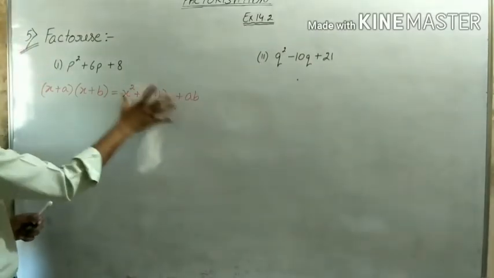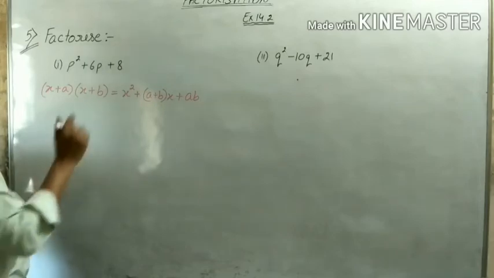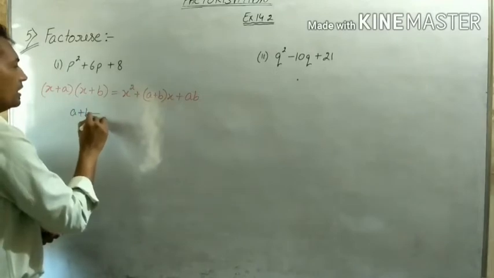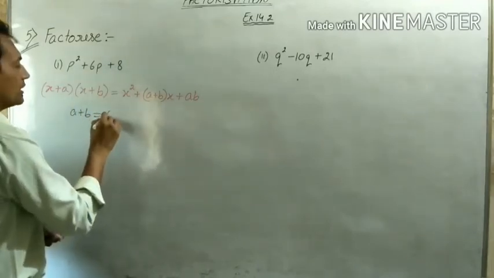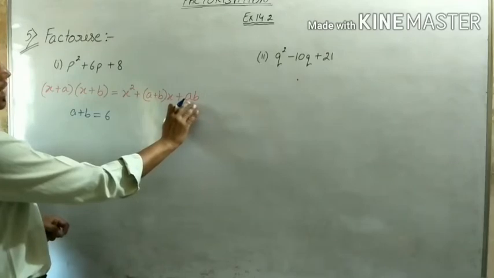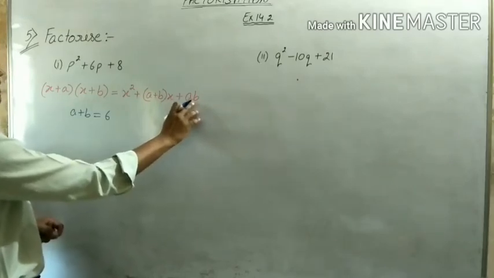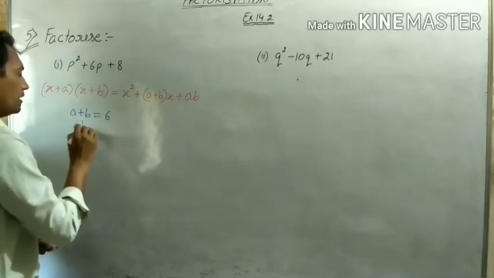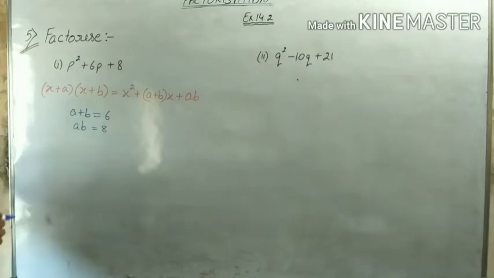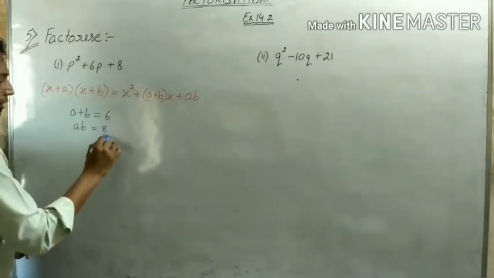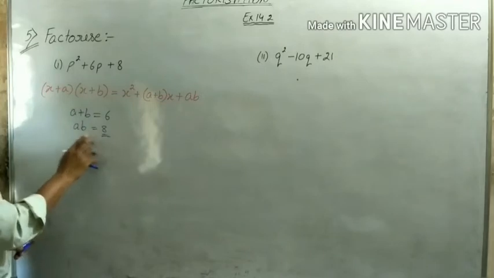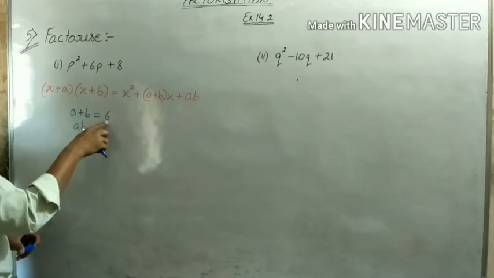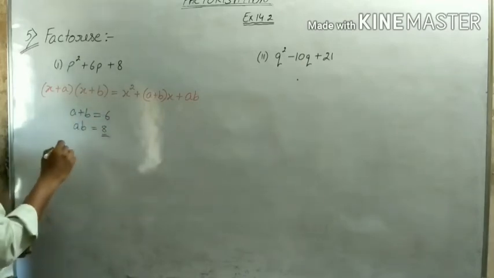And when you compare, you will easily find that a plus b is equal to 6, and a into b, the last term of the identity, is equal to 8. So we need to find such a factor of 8 so that when you multiply both of them you will get 8, but when you add both the factors you will get 6. So which are they? Easily from this you can find it out.